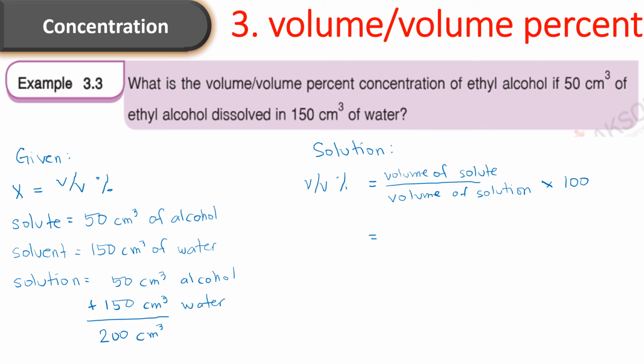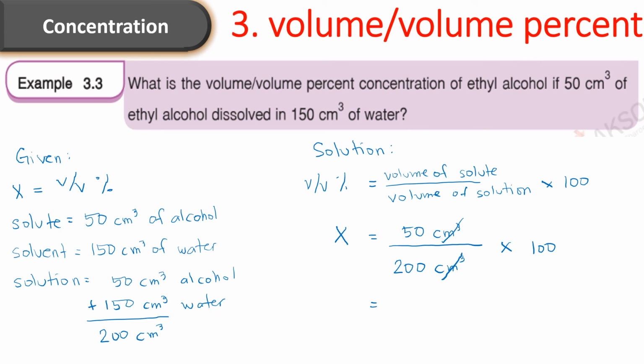So let's substitute the given. Volume over volume percentage will be our x because we are looking for the percent concentration. Next, what is our volume of your solute? That is 50 cubic centimeter of your alcohol, divided by your volume of your solution, which is 200 cubic centimeter. Same unit, cancel, times 100.